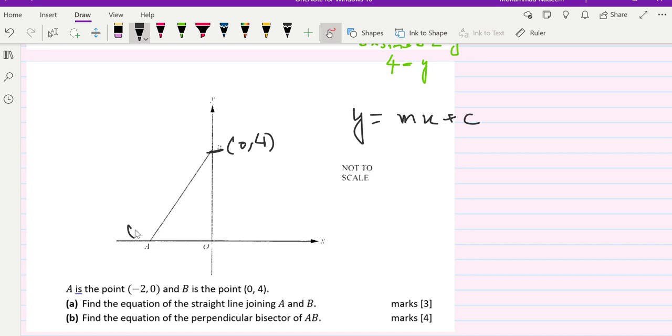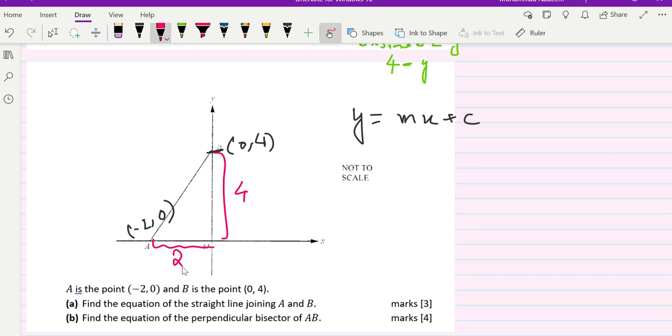Secondly, m is the gradient, which means rise over run. So let's check the rise in this. This is the rise, which is 4 units, and this is the run, which is 2 units. So rise over run will be 4 over 2.